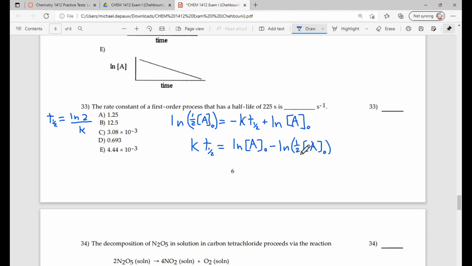Now, if you remember your rules for logarithms, if I take one logarithm minus another logarithm, I can write that as the logarithm of the first one over the second one. And that's equal to KT 1/2.